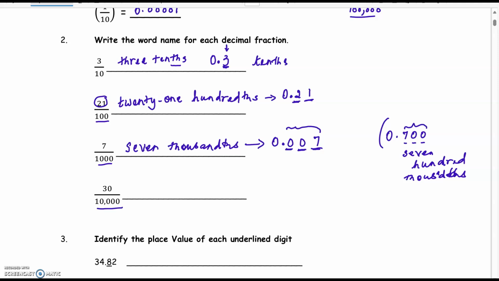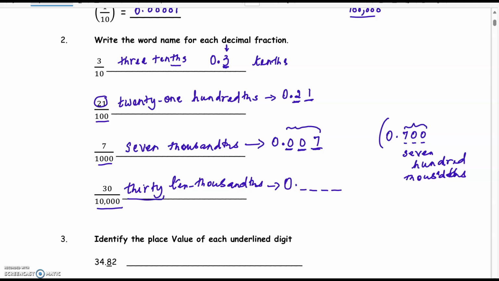30 ten thousandths. So 30 ten thousandths, let's see how many decimal places. Tenths, hundredths, thousandths, ten thousandths.